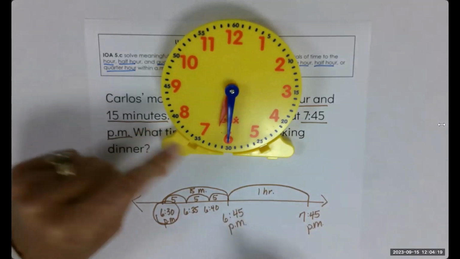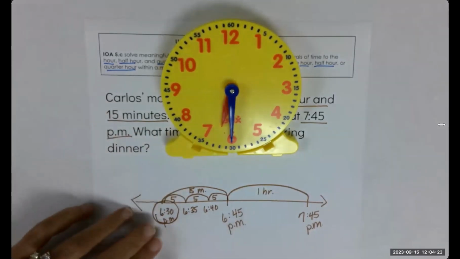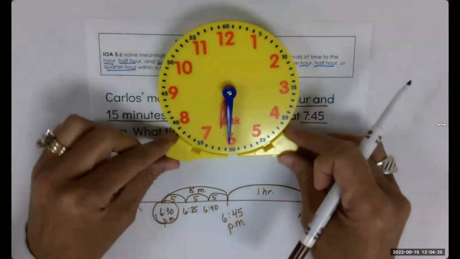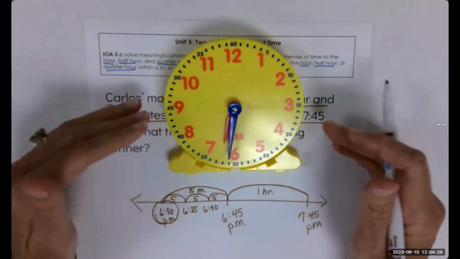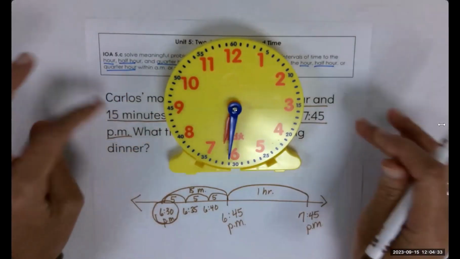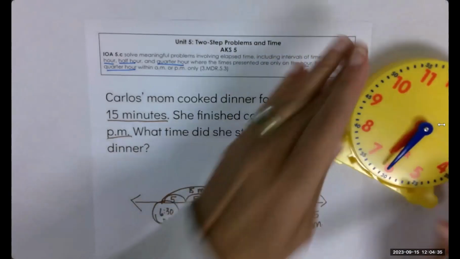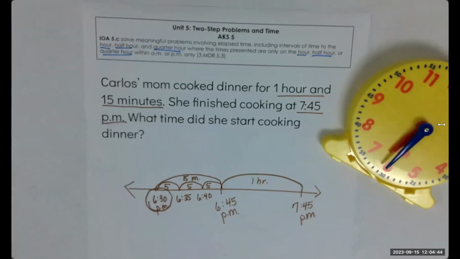We also proved here on the analog clock that we landed at 6:30 p.m. The analog clock is a great tool to scaffold their thinking if they are still in that concrete phase of learning with this particular IOA. You can find more instructional strategies for IOA 5C in our Analyzing the Standards document.